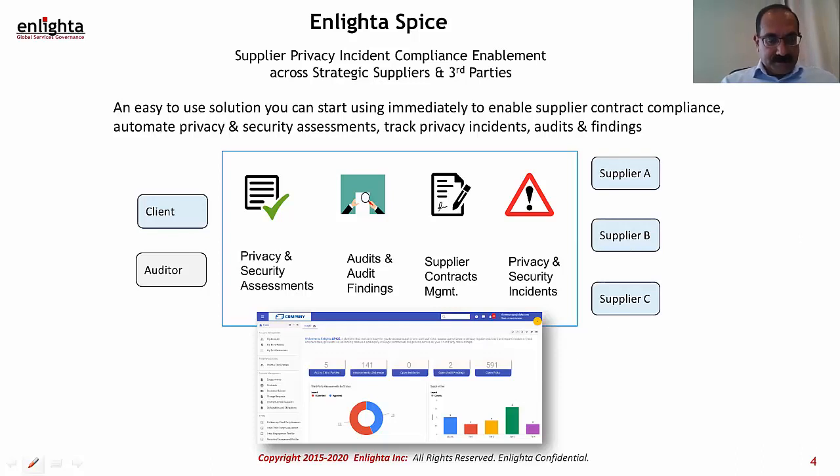Well, yes, a couple of things. I think what you highlight through Enlighta Spice is there's a saying that you cannot manage something which you don't know. So if you are not using supplier governance or third-party risk management tools like Enlighta, then you don't know what contracts you have, and you don't know if personal data is being processed outside of the EU or in EU-US data flows.